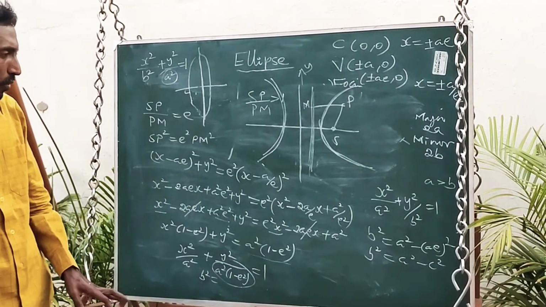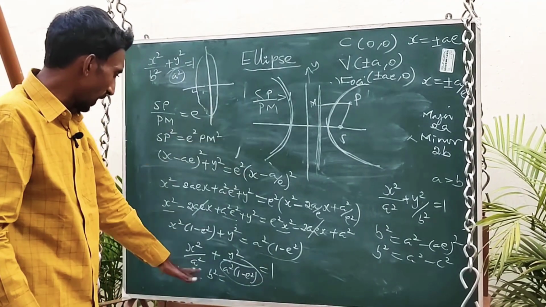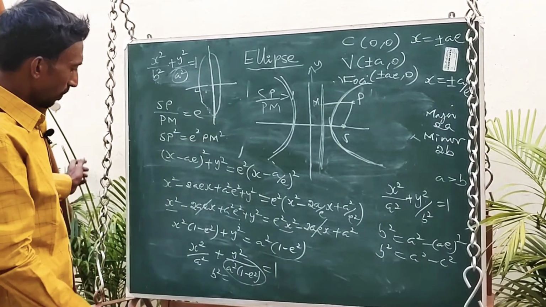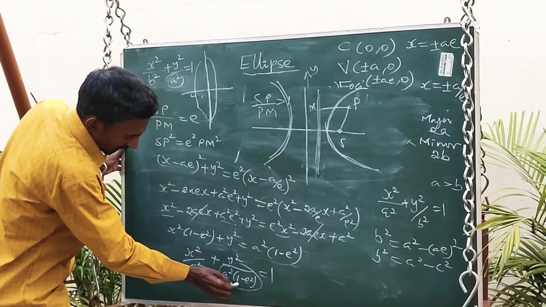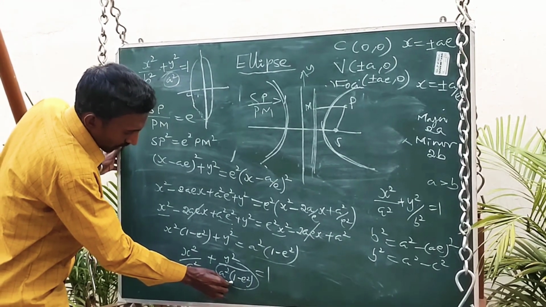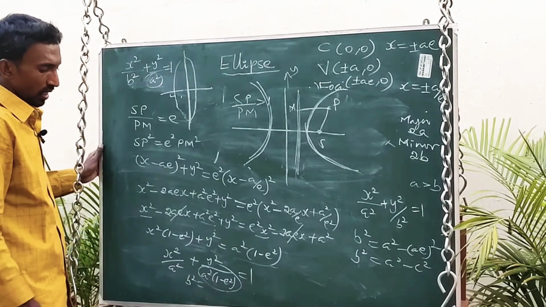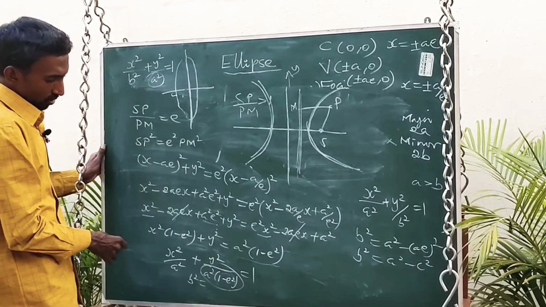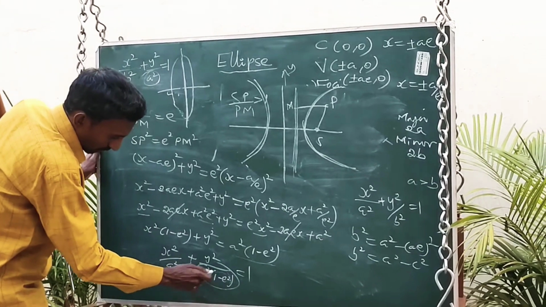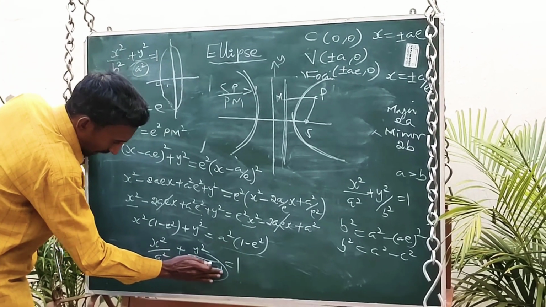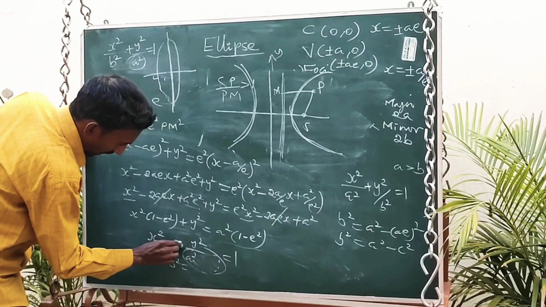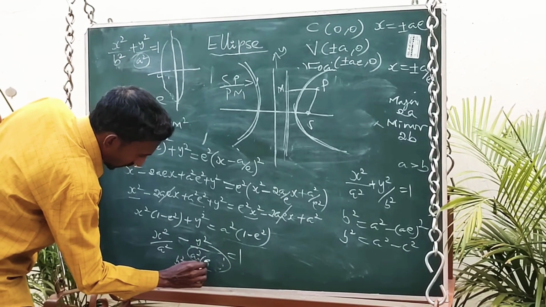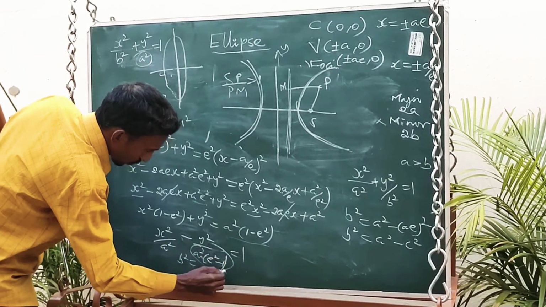For the hyperbola, the derivation is the same, but here if you combine it as 1 minus e square, since e is greater than 1, it becomes negative. So take the minus outside, and we get a square into e square minus 1.